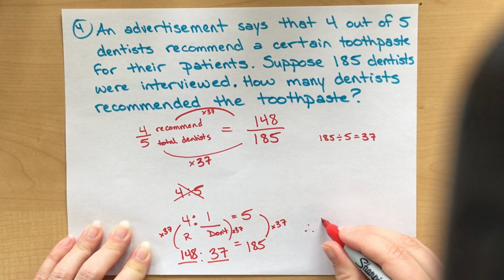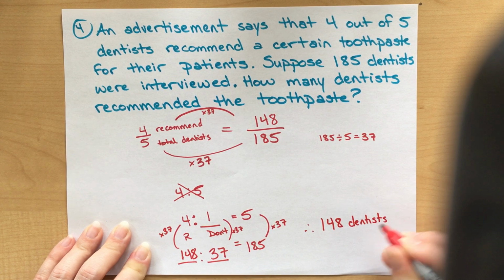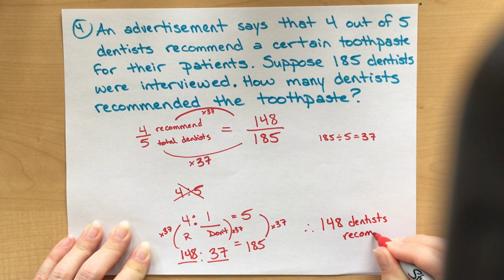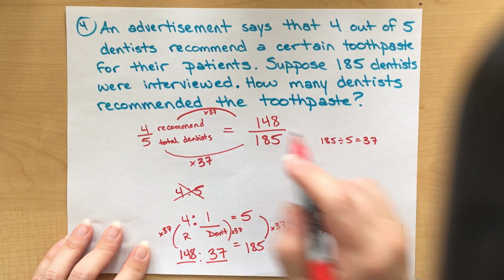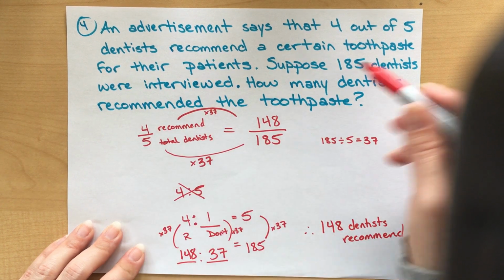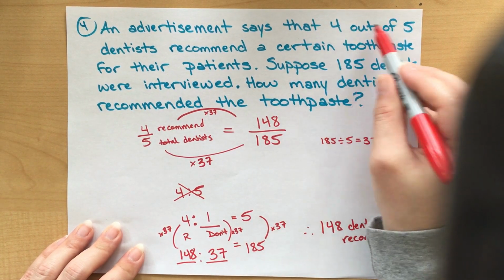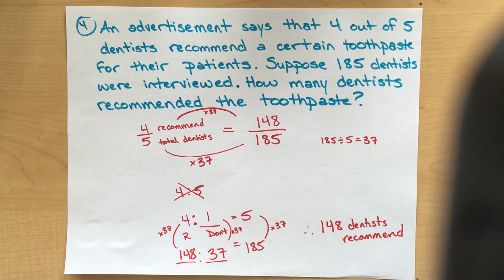So therefore 148 dentists recommended. Okay, so that's 2 ways you could solve that one question. You could look at it as a fraction, the 4 out of 5, or you could look at it as the ratio if 4 out of the total 5 dentists, and then create your ratio about that. Okay, hopefully this helped.